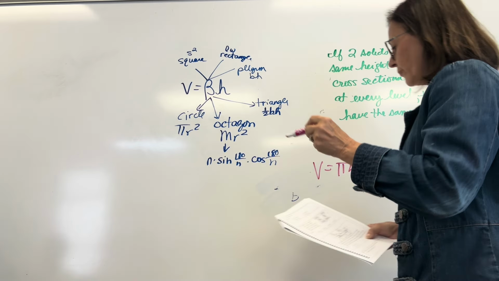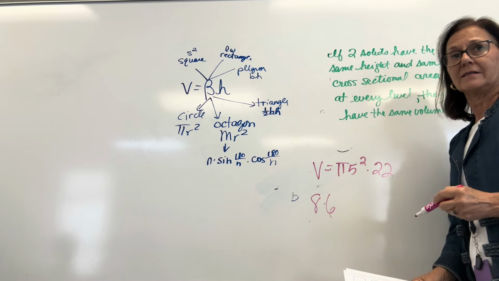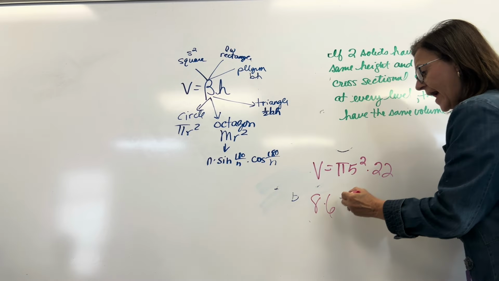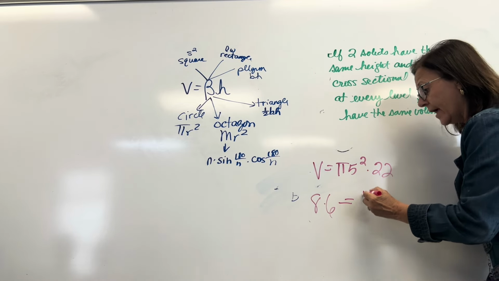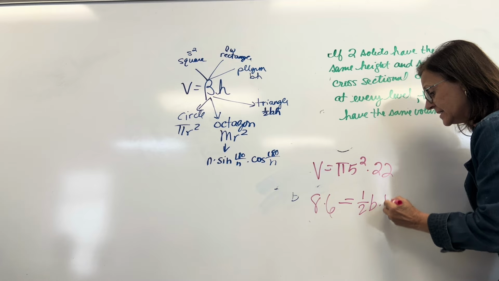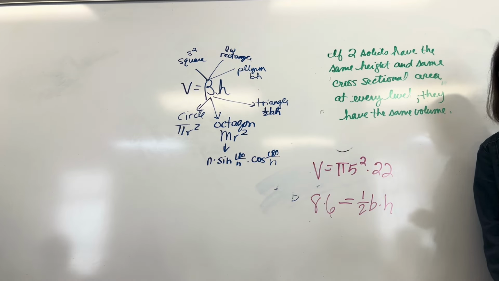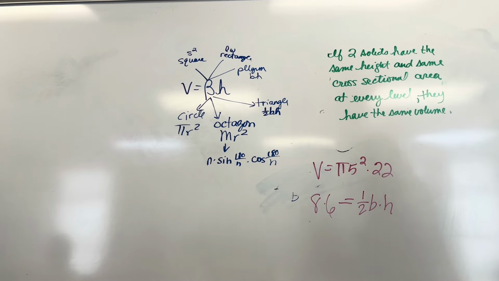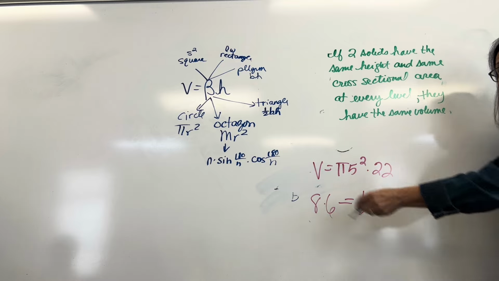Correct. So for the rectangular prism, the area is 8 times 6. That has to equal the area of the triangle, which is 1/2 base times height. You following that so far? So how do we solve this?